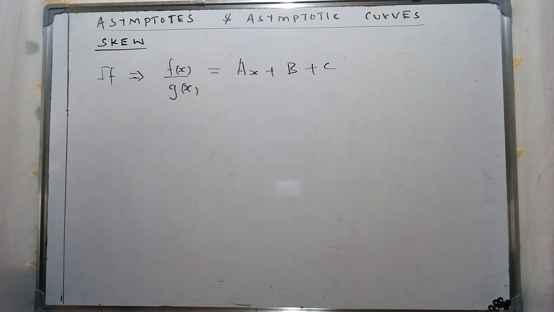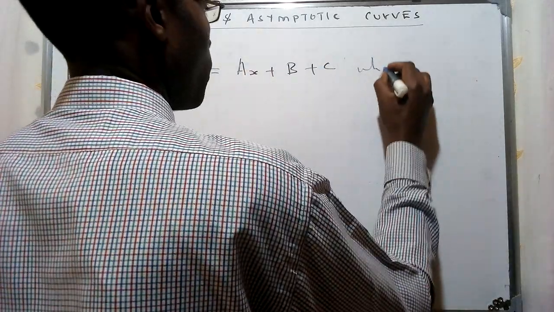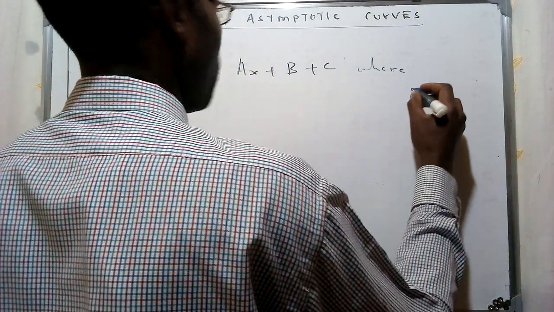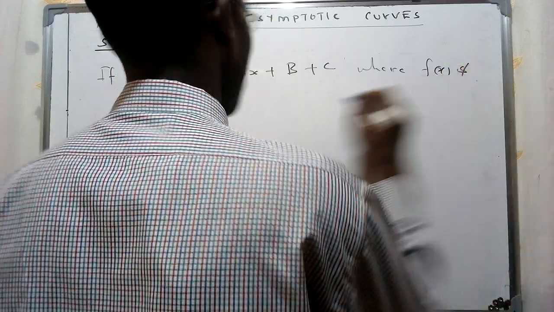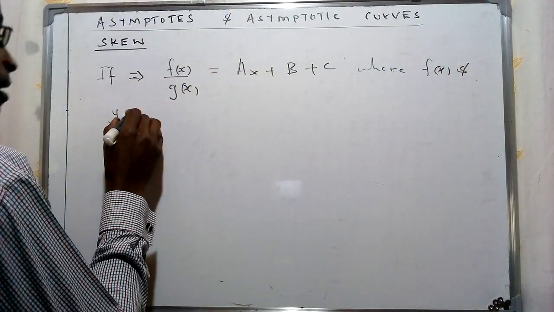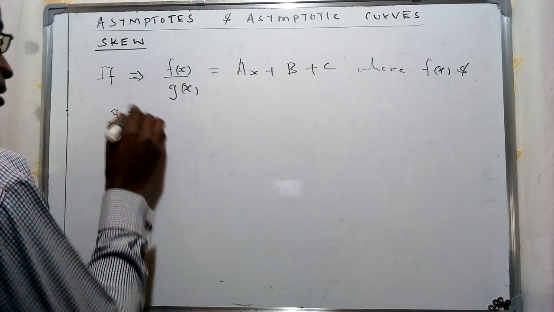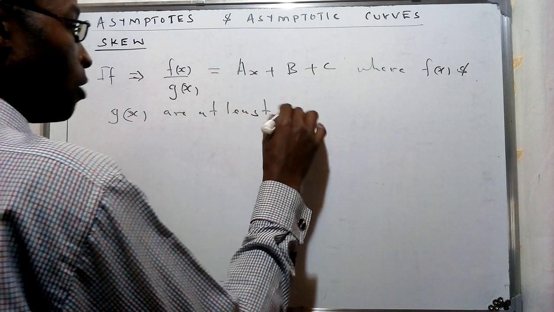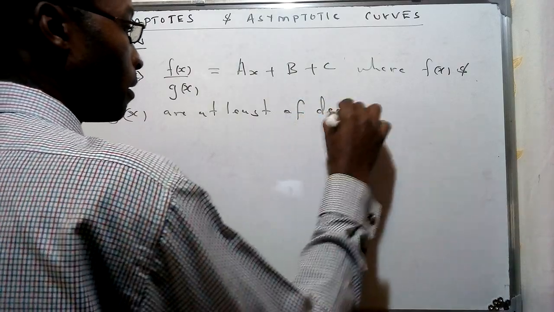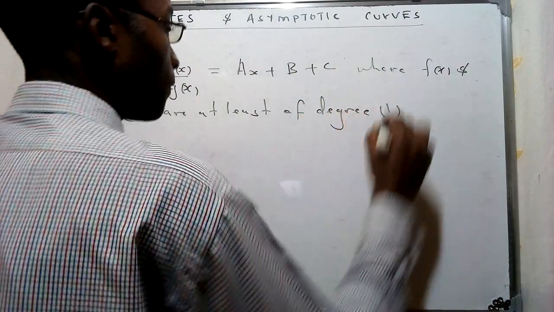Now, in this particular case, we are going to have these specific polynomials, which are going to be of at least a first degree given as such. So we're going to have f(x) and g(x), which are at least of degree 1.